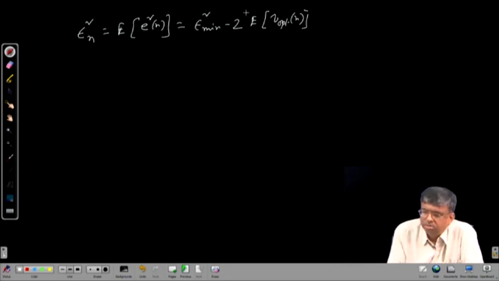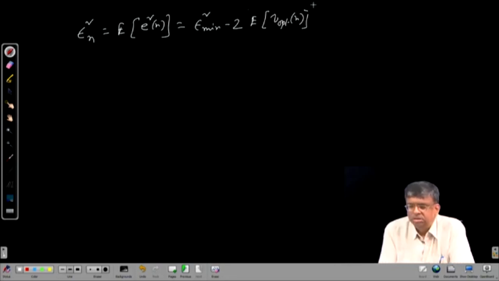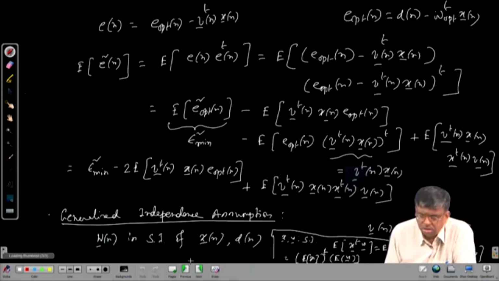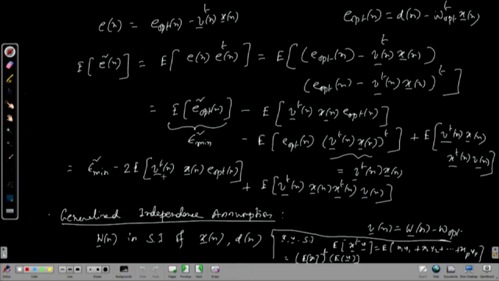You can do this transpose, I think there was a transpose. So, you can either apply E on V n first, then take the transpose, or first do the transposition, make it a row vector, then apply E on that, either way it will be the same, into E of x n E of 10.